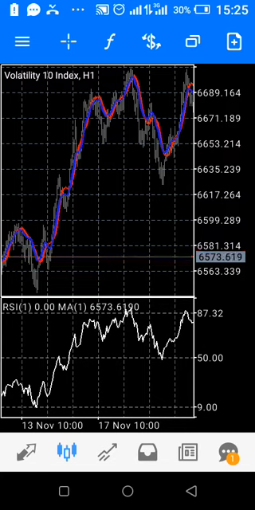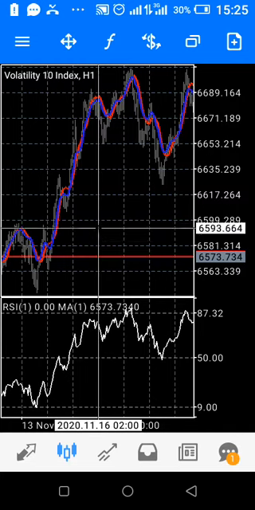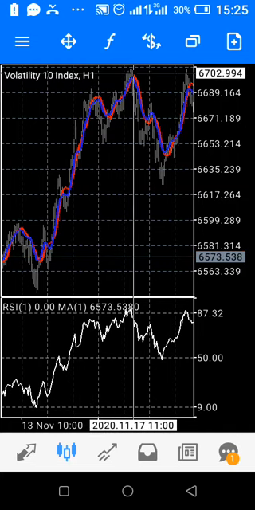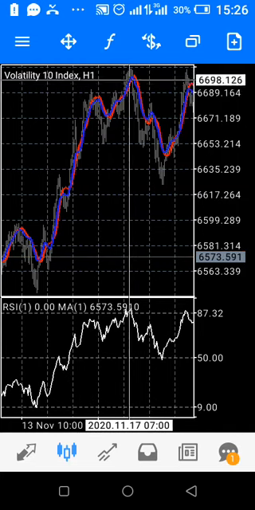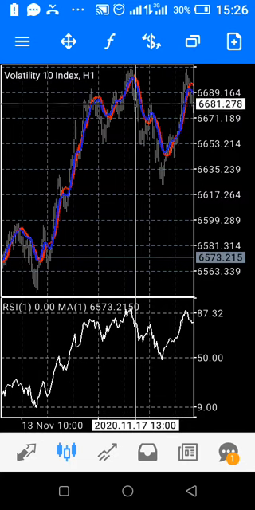You notice at the top that when your blue moving average cuts your red moving average, then it's a strong indicator for sell.